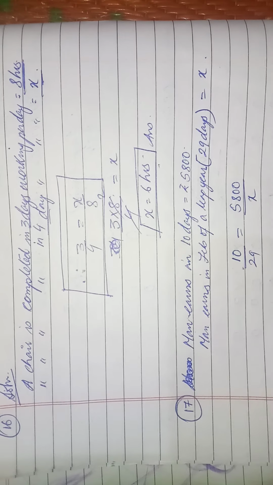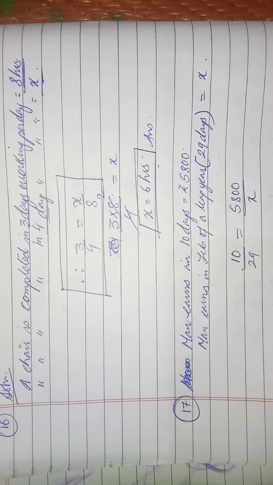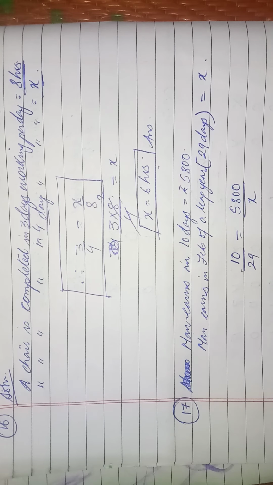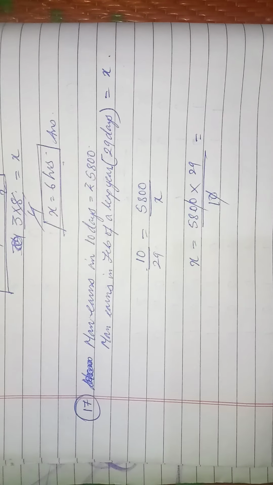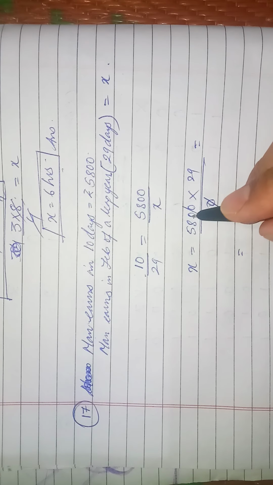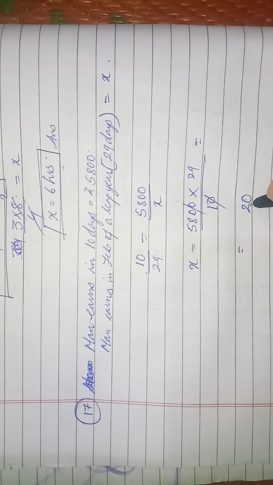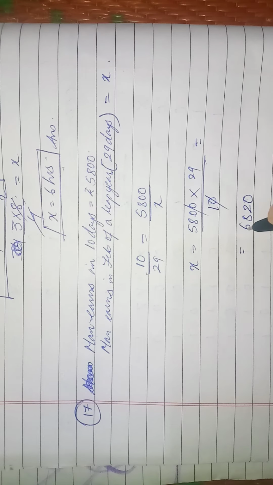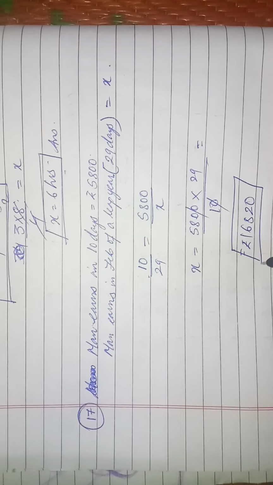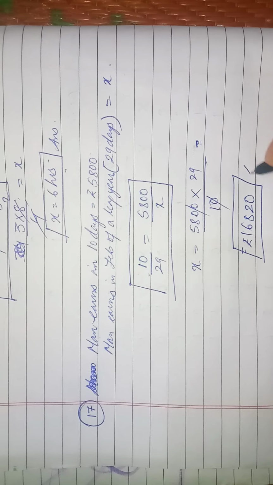Let us cross multiply. The 0s cancel, so this and this get cancelled, and the total value is 16,820 rupees. So he will earn this much.